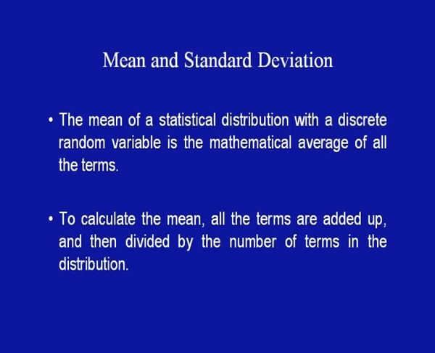The next statistical parameters to be determined are the mean and the standard deviation. The mean of a statistical distribution with a discrete random variable is the mathematical average of all the terms or values in an image. To calculate the mean, all the terms are added up and then divided by the number of terms in the distribution.